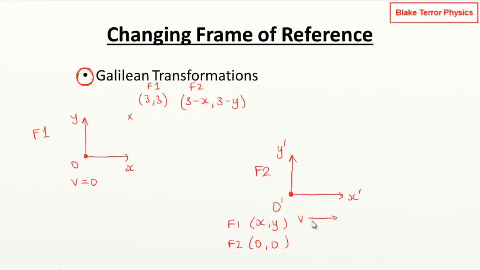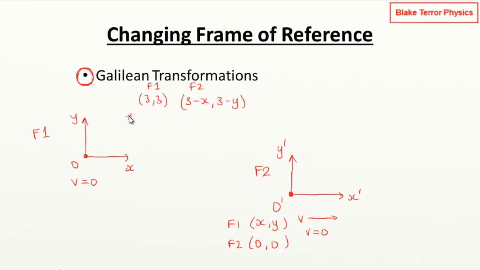Similar thing with the velocity. So the velocity of this reference frame 2 is v in the x direction relative to frame of reference 1. So if we're going to say, well, in frame of reference 2, we're going to think of ourselves as being v equal to 0, we again need to subtract this v.